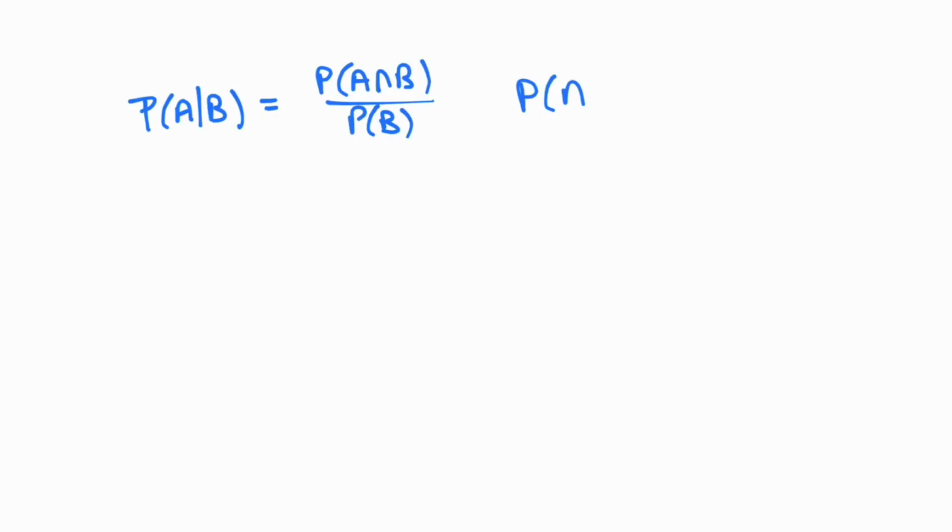And there is a second version of this. And you'll notice that there's nothing special about A and B. You can reverse A and B. And so the probability of A intersect B can also be written this way.